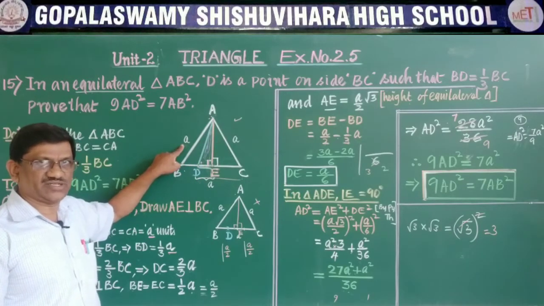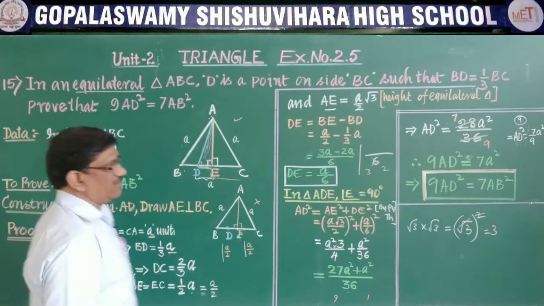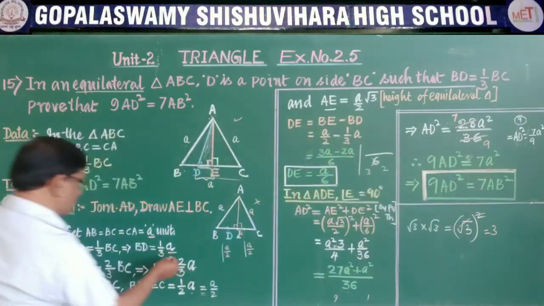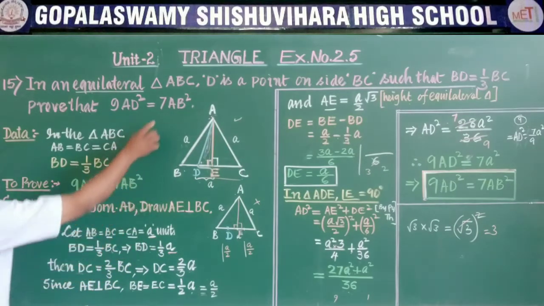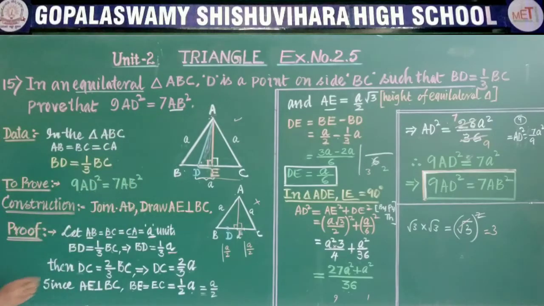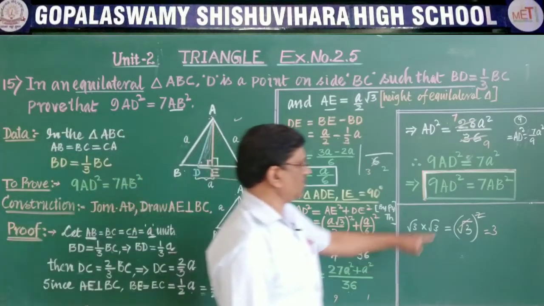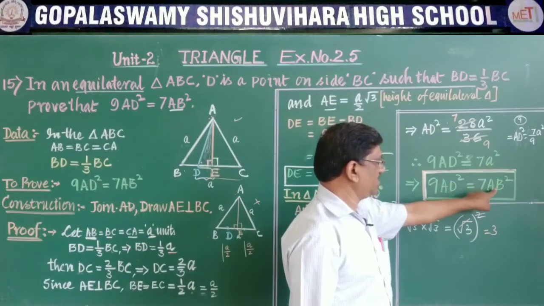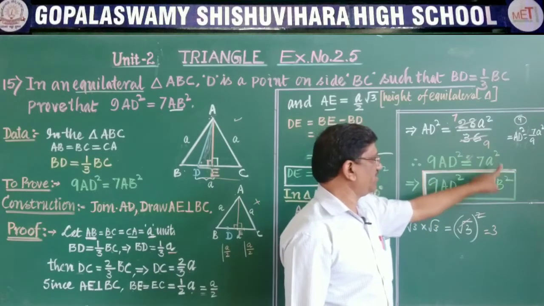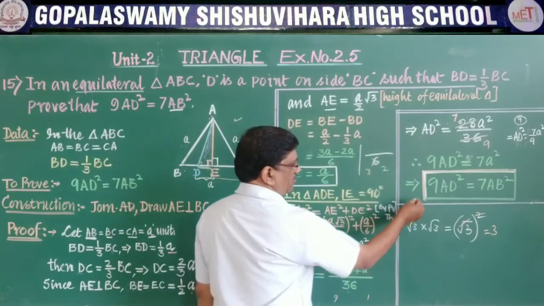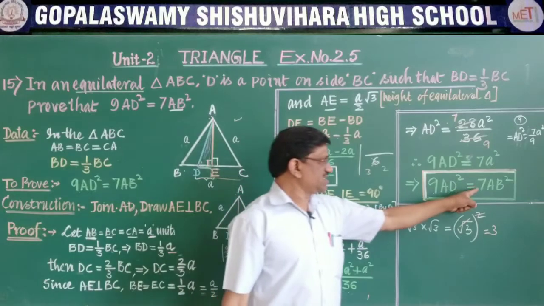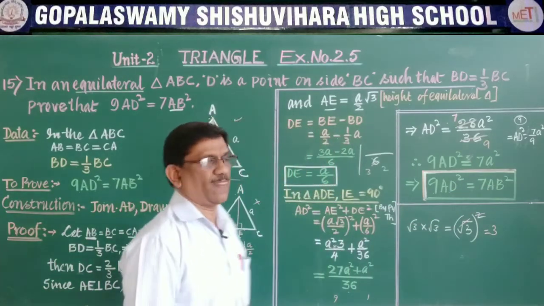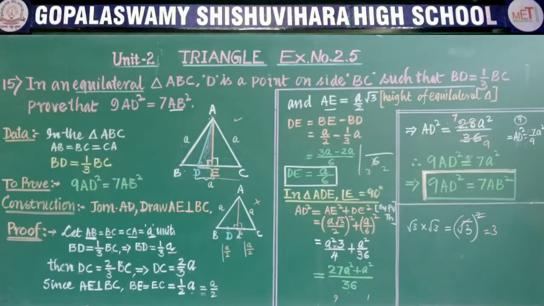A is either AB, BC or CA, but it is asked here to prove in terms of AB, so in place of A, I am going to replace AB. So A square means AB square. Therefore, we have proved 9 AD square is equal to 7 AB square. Clear, children? Did you understand? Okay, you take down, children.